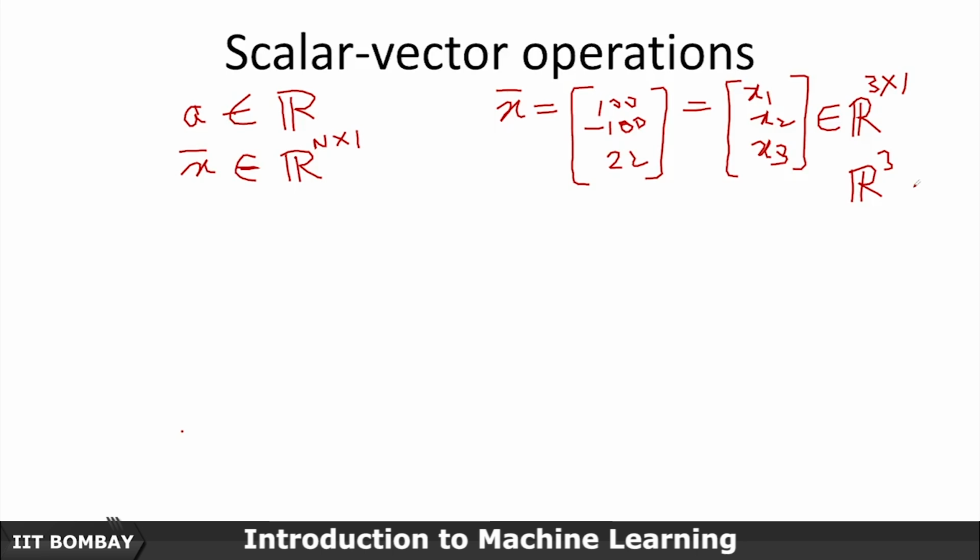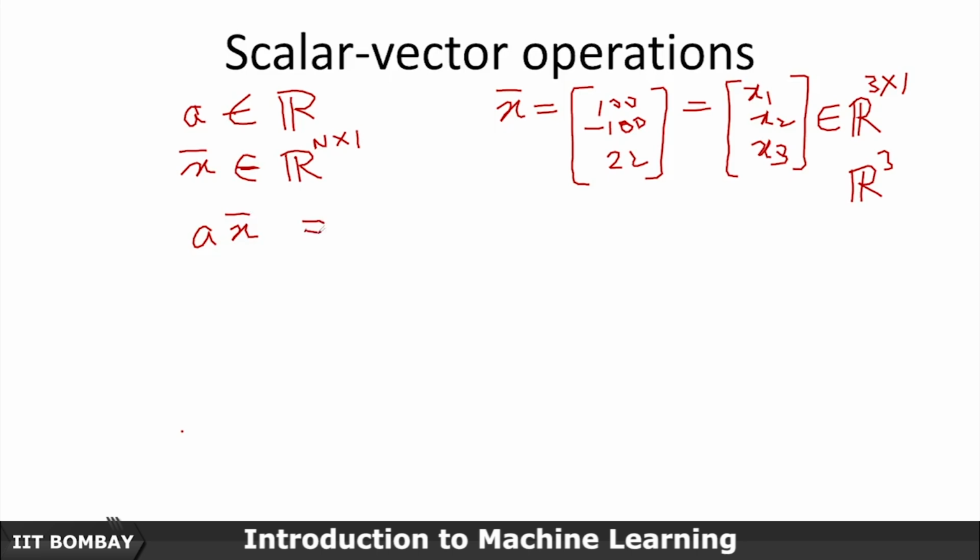Now these vectors and scalars can be used together in multiple operations. For example, we could multiply a vector and a scalar. We would usually write the scalar first and then the vector. So Ax, for example, will scale all dimensions of x by a factor of a.